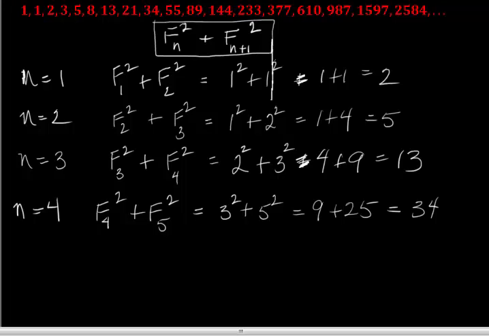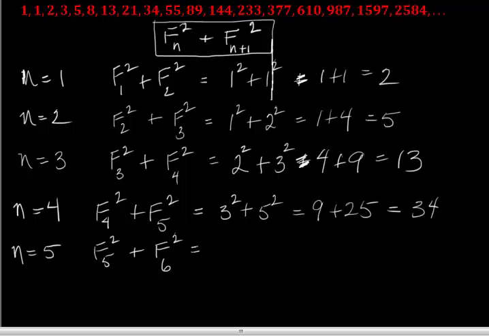So we're seeing a pattern here. We are getting Fibonacci numbers. But let's do n equals 5. It's always good to have 5 examples. f5 squared. When n is 5, then n plus 1 is 6, so we have f6 squared.